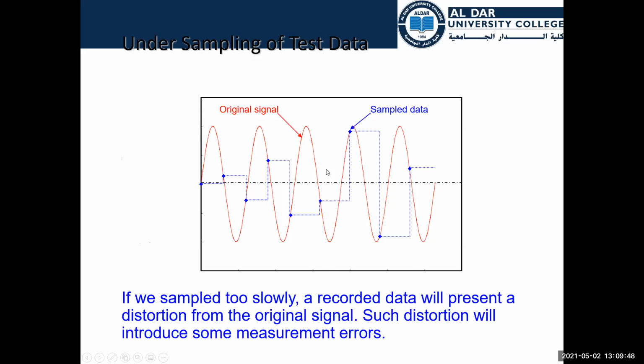If we sample too slowly, as we see in the figure, the recorded data will present a distortion from the original signal, or a noisy signal. Such a distortion will introduce some measurement errors. That's why we should have a criterion to define the best sampling rate in accordance with the original signal frequency.